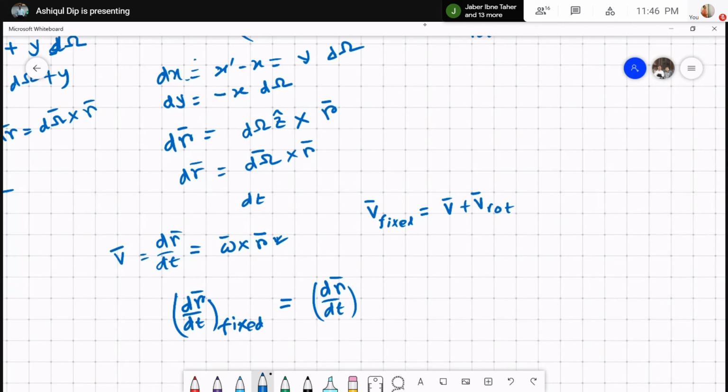Seen by the rotating coordinate, plus omega cross r, right? When their origin is the same, they are just observing the same thing. So this r is actually seen by whom? Fixed or rotating one? This r, remember, is from the fixed one.